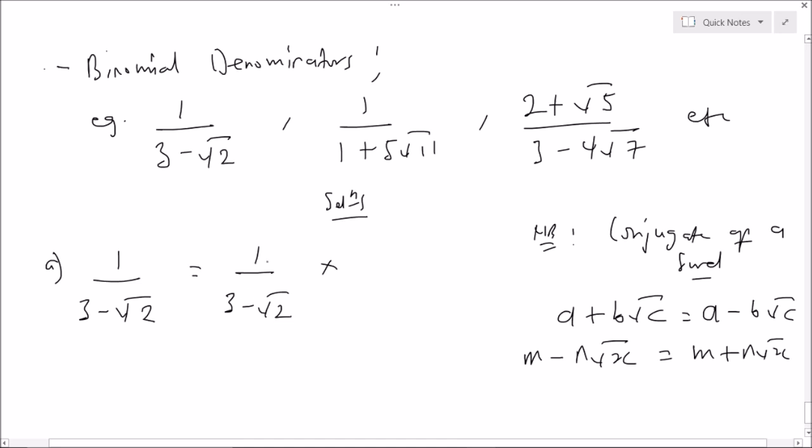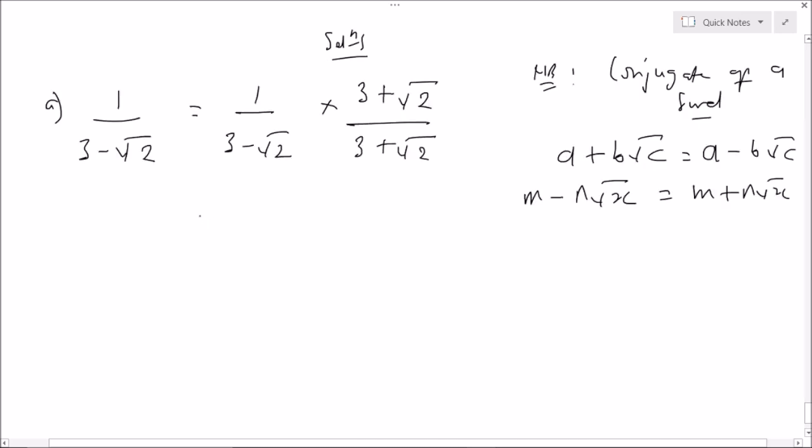So this will be 1 over 3 minus root of 2 times 3 plus root of 2 over 3 plus root of 2. That is, we are multiplying both numerator and denominator by the conjugate of the denominator.